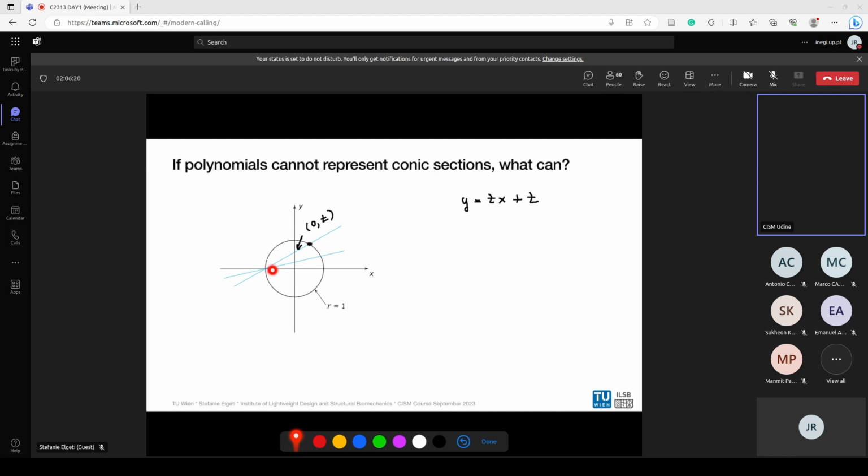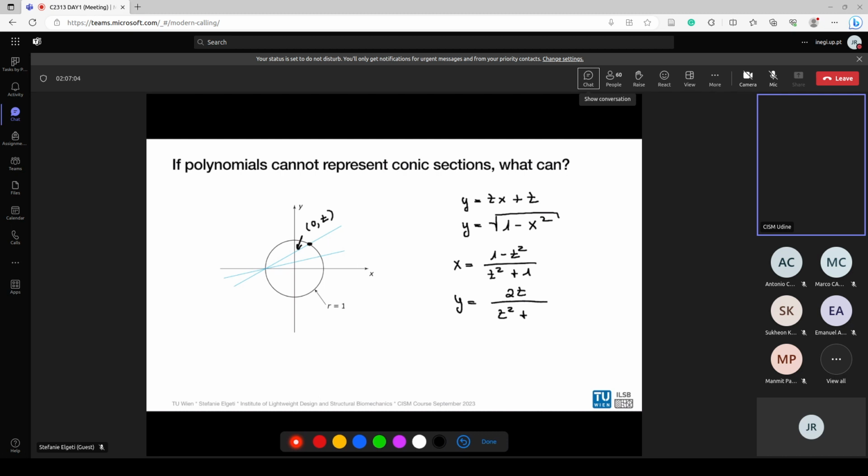And if we compute the intersection point with the unit circle, for which we have the expression y is equal to square root of 1 minus x squared, we obtain x is equal to (1 minus t squared) divided by (t squared plus 1), and y is equal to 2t divided by (t squared plus 1).